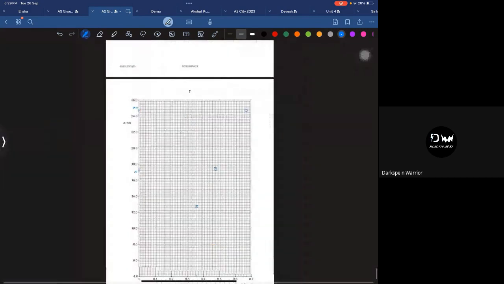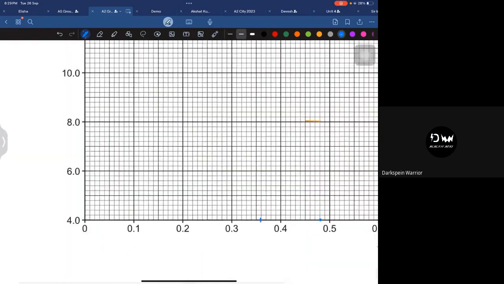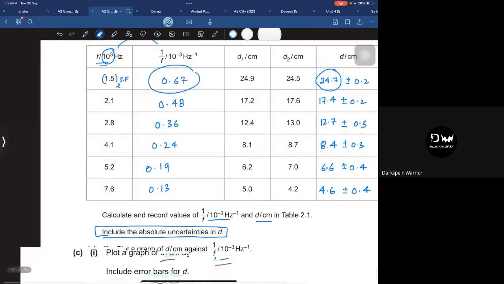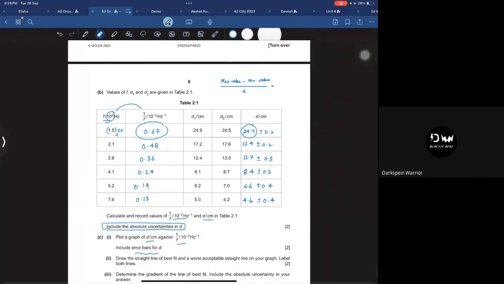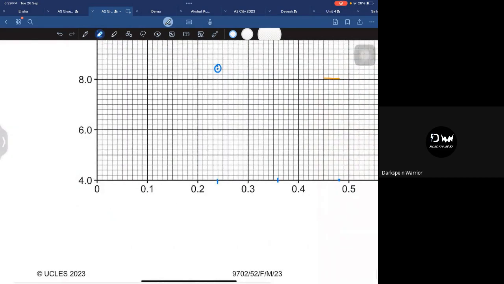Then the next one was 0.24 and 8.4. So 0.24 will be right here. 8.4, now it will be easy for me. 8.2, 8.4. So it's right here. Then it says 0.19 and 6.6. 0.19 is here, and 6.6 will be right here.